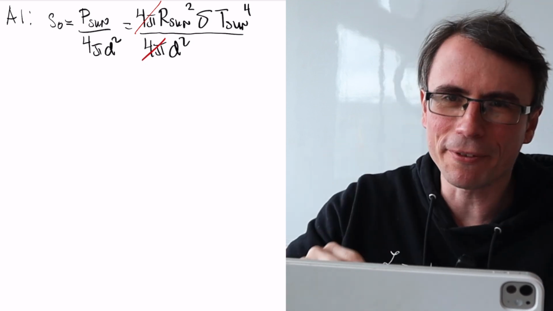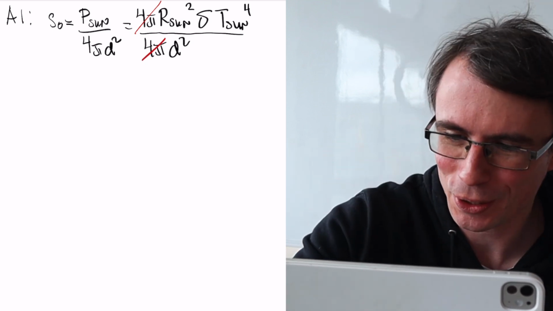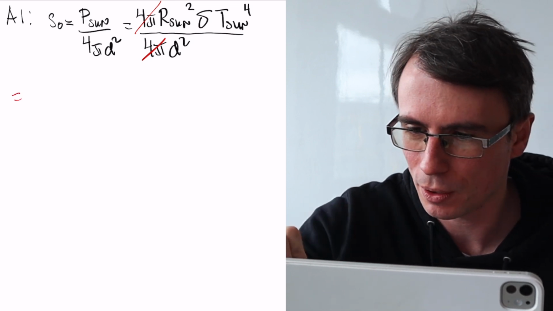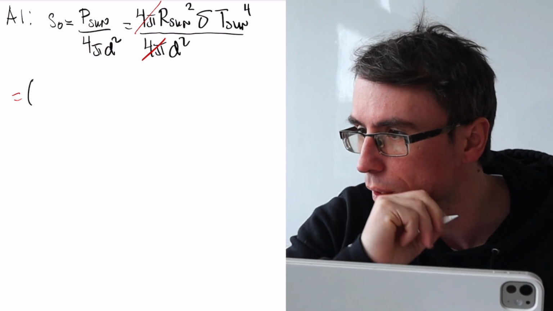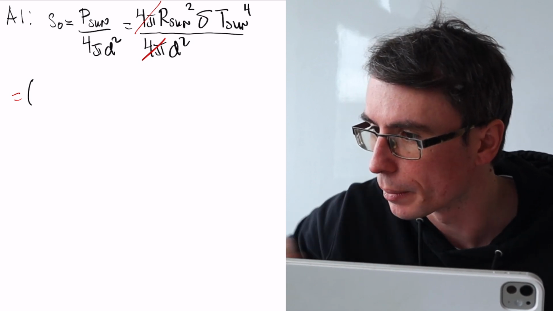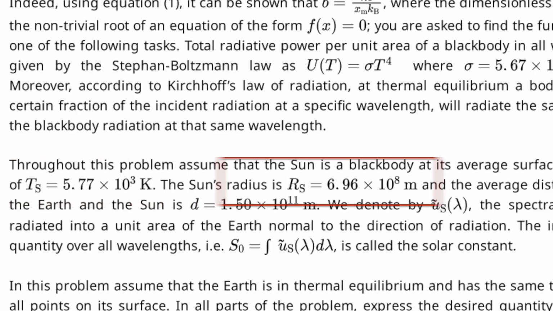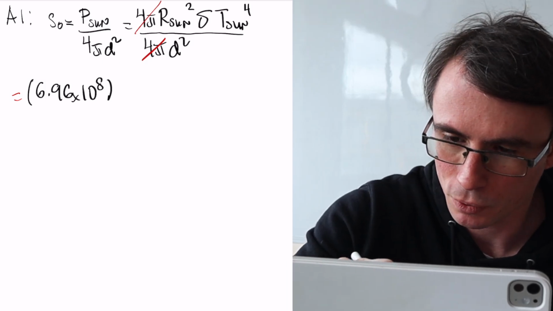That's a bit better. I think we've got all the values to plug in. The radius of the sun was definitely given in the question: 6.96 times 10 to the power of 8, and then we have to square that.